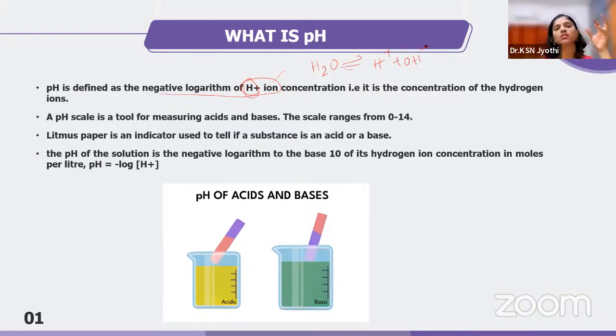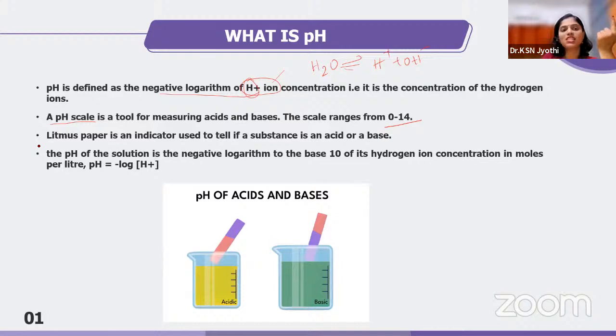So a term that is also used to define the pH in the solutions is this concentration of hydrogen ions. We have a scale called the pH scale that's basically used to measure the acids and the bases. The scale ranges anywhere from 0 to 14. And in the laboratory, when we are testing with chemicals, what do we do to test the pH of a solution?